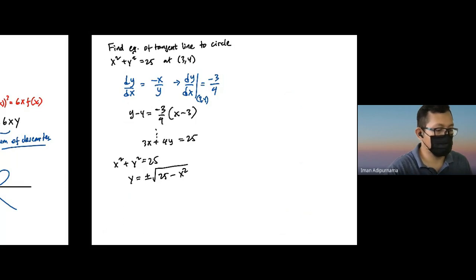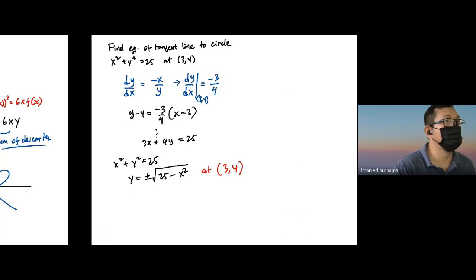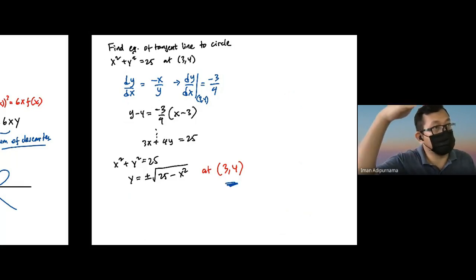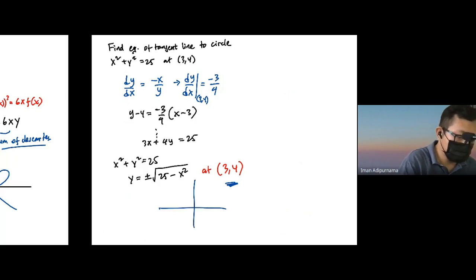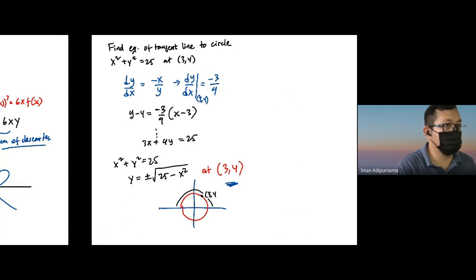Now we want to check at 3, 4. So we have two equations, right? We have the positive and negative. But because it's 3 and 4, it's above the x-axis, right? So 3, 4 is maybe around here, so we are using the upper circle. This is just to show you that you can also do this.